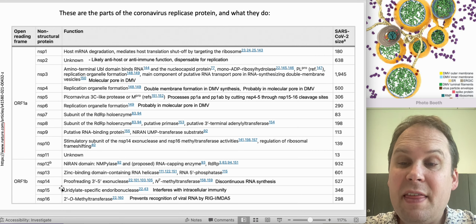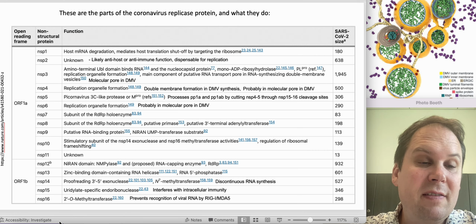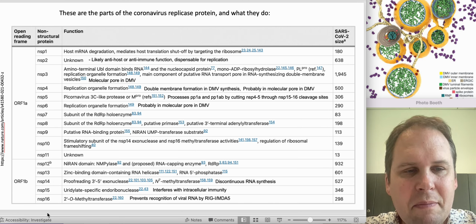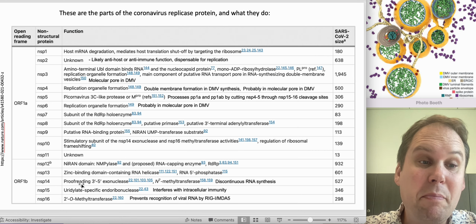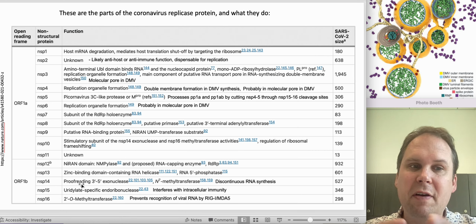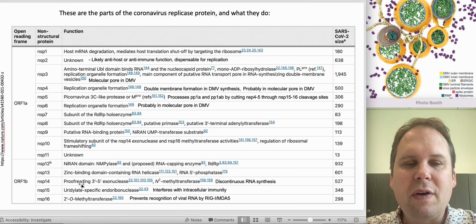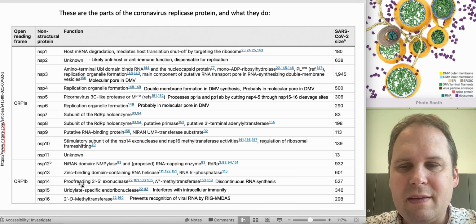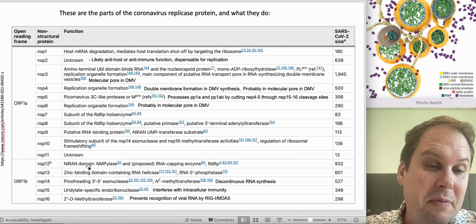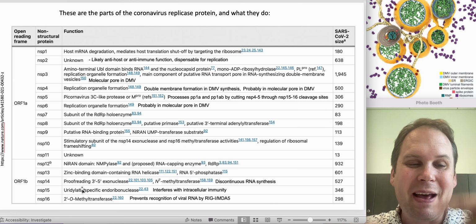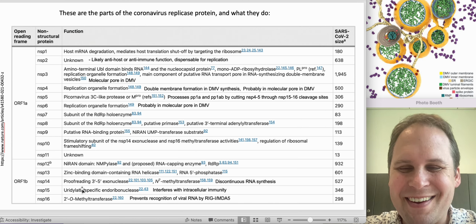All right. Then NSP14, 15, 16, or rather 14 and 16 are going to be capping enzymes, although 14 also is a proofreading enzyme. So this is a very large genome, and the virus actually is trying to control how many mistakes it makes. The polymerase will make the mistakes, but then NSP14 is like the counterbalance, the check and balance on this.